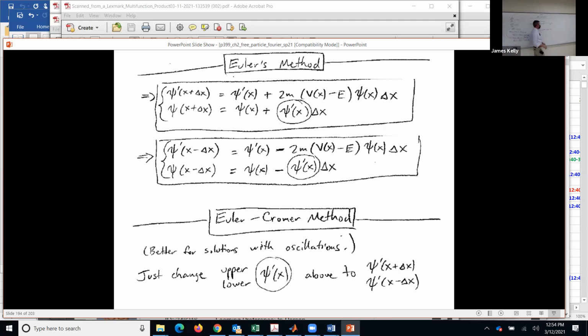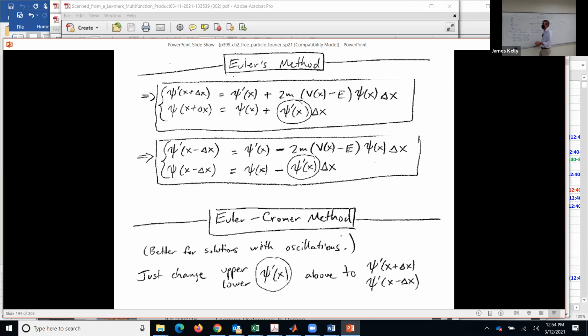If you are trying to model something that's orbiting the Earth, it should be going around at a constant radius if I set the initial conditions correctly. You overstep at every step forward in time, and it ends up spiraling out, and energy's not conserved. It causes all sorts of problems because you're always overstepping.